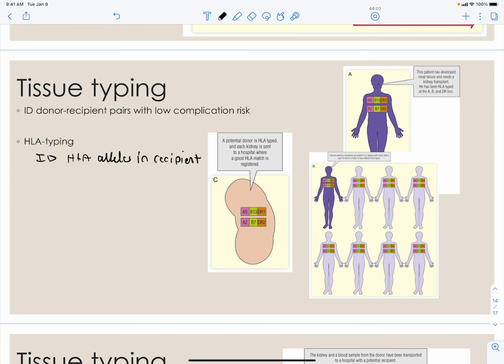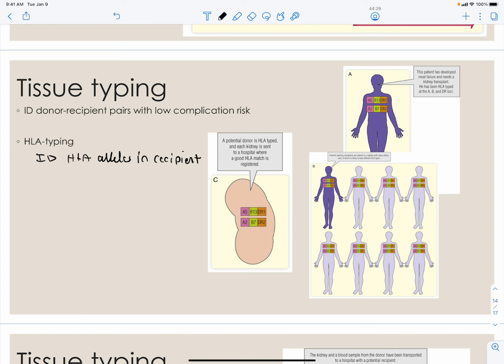However, there's only a 1 in 4 chance that a sibling is identical, and if an identical sibling is found, then they can act as a donor. Otherwise, people who need solid organ transplants, especially kidneys, go on a waiting list for a cadaveric organ, somebody who has passed away suddenly who has a matched kidney.